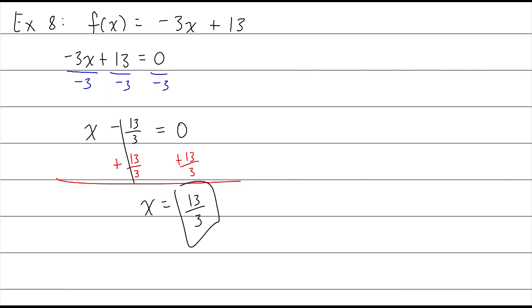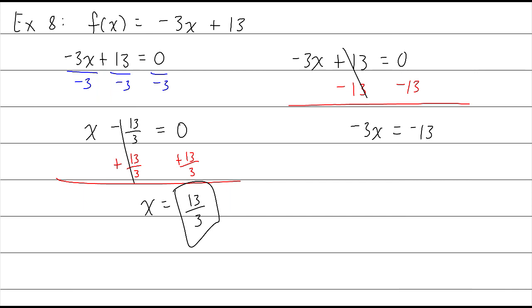Same answer that you would get if, well, sure, why not? We have time. I could have, and I'll do it quickly, subtracted 13 from both sides first, and then divided each side by negative 3, and gotten the exact same 13 over 3.